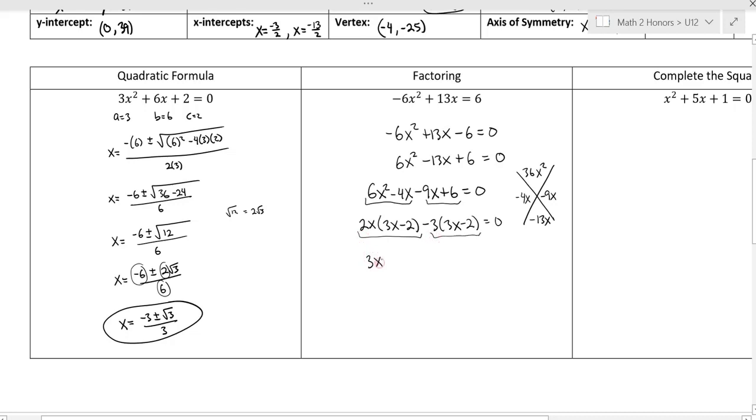So I'm going to factor out 3x minus 2, and I'm left with 2x minus 3. Now it's factored. Then you set your factors equal to 0 and solve, and you get two answers. First answer is 2 over 3, and the second answer is 3 over 2.